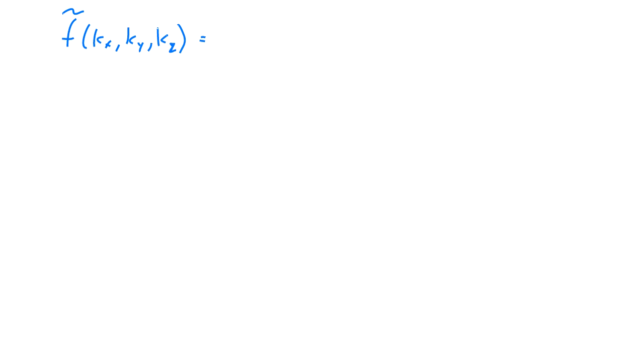And so this is equal to 1 over 2 pi to the 3/2. So instead of having just 1 over square root of 2 pi, we've actually got 3 of them, and we have 3 integrals instead of 1. And you have your f of x, y, and z.